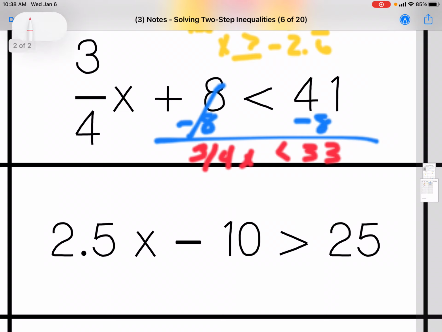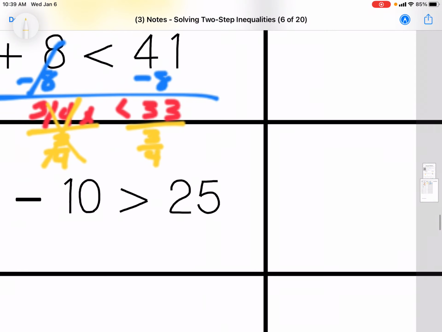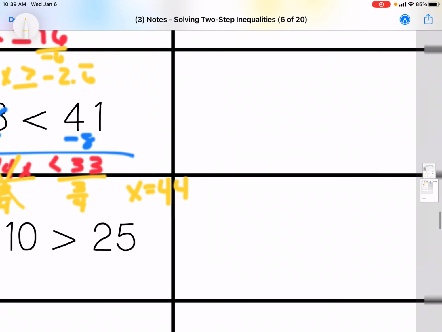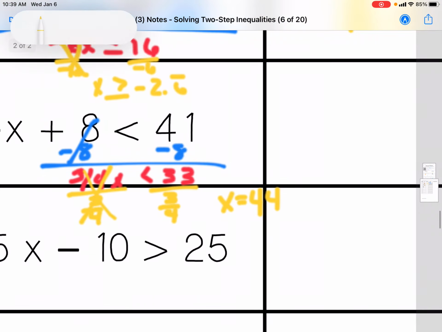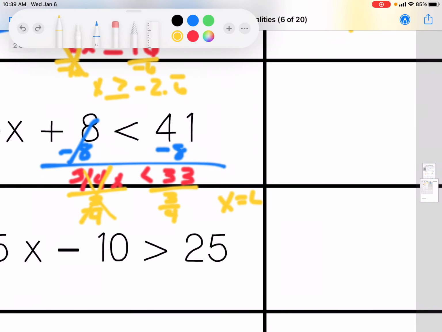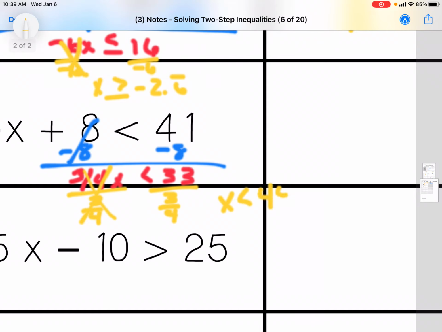I need to divide by 3/4. And you're going to get x equals 44. It does not equal 44. Coach Bartman messed that up. X is less than 44. My bad.